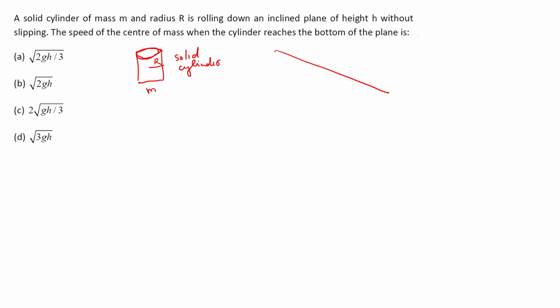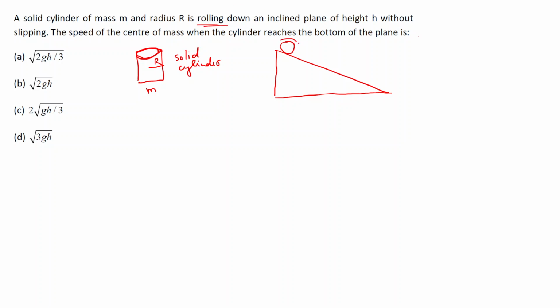It is some sort of inclined plane, means it has a slope, and it's rolling down on its circumference. From the front it looks like this. This is the solid cylinder that is rolling down.